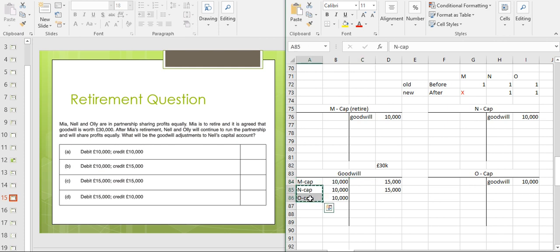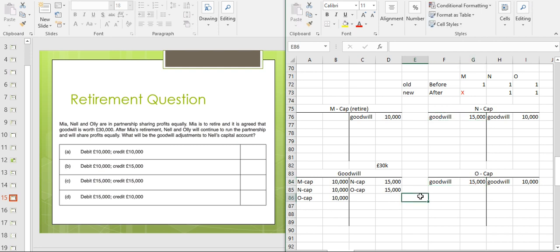So N and O should be the detail, and I've just copied that over there for ease. We have credit entries here. Let us do the debit entries. So N and O, debit 1, debit 2, and my detail is goodwill. N and O are both going to have the same entry in their accounts.